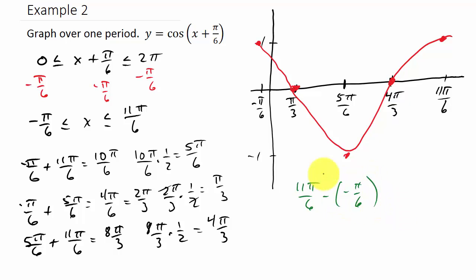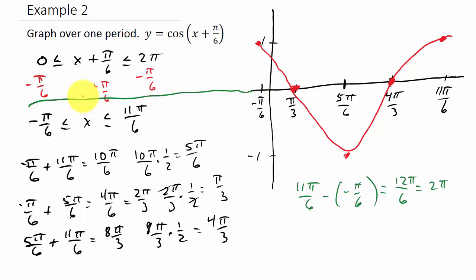You subtract them, and that's going to give me 12 pi over 6, which would be 2 pi. So that's the length of the period, 2 pi. So to get my next one, if I wanted to do another period, I could come out this way.